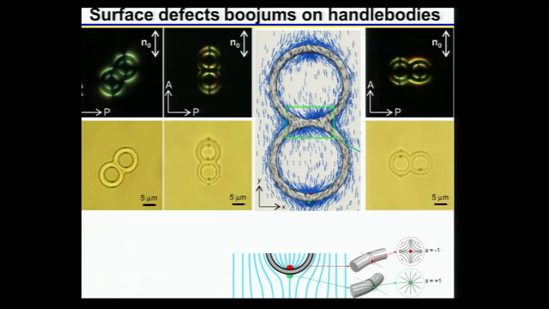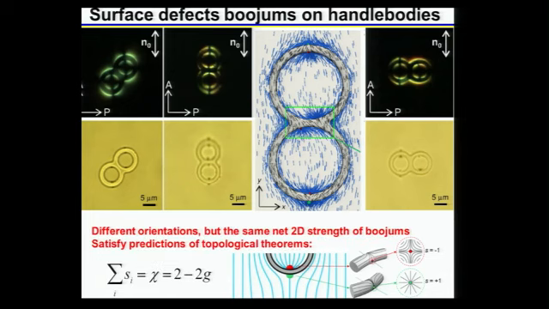Again, just as before, we can characterize the two-dimensional director field for all particles of different genus. We probed particles with genus ranging from 1 to 5, and we see that this topological constraint is satisfied, right? The strengths of all two-dimensional defects in the two-dimensional director field at the interface of particle and liquid crystal add up to chi, right?